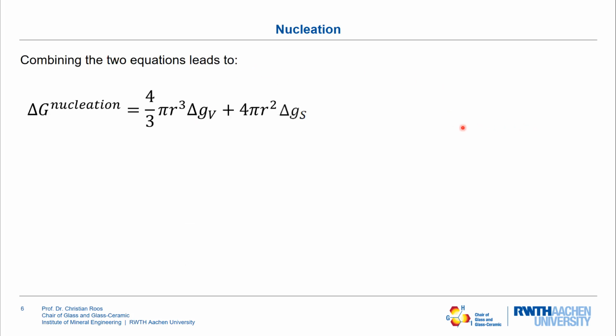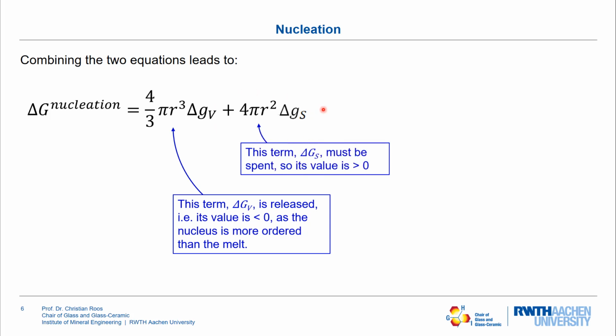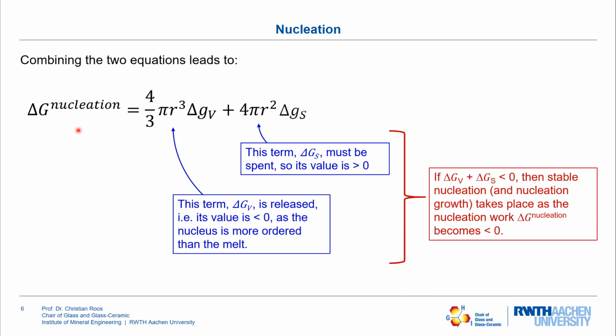And if we combine these two relations, for basically the energy that the nuclei gains, because it's more ordered than the melt when it grows, against the energy that the nuclei must spend for growing against the surface tension of the melt. And if this sum becomes negative, then there is a stable nucleation.